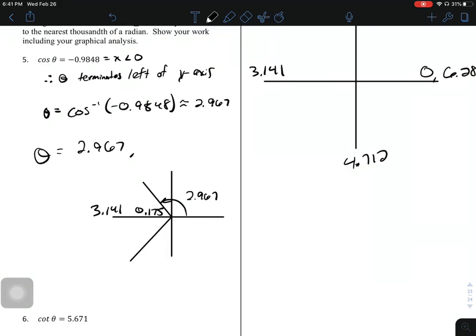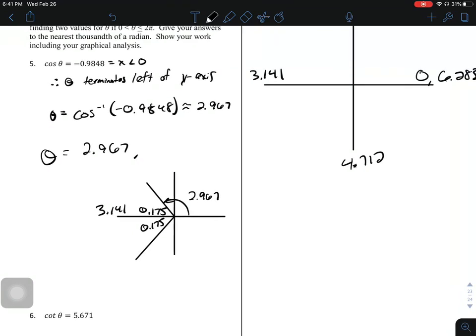The other one we know is also left of the y-axis. It's in quadrant 3. It's got the same reference angle. So our final answer is going to be 3.141 plus 0.175, and that's going to be 3.317. Both of these answers are in radians.